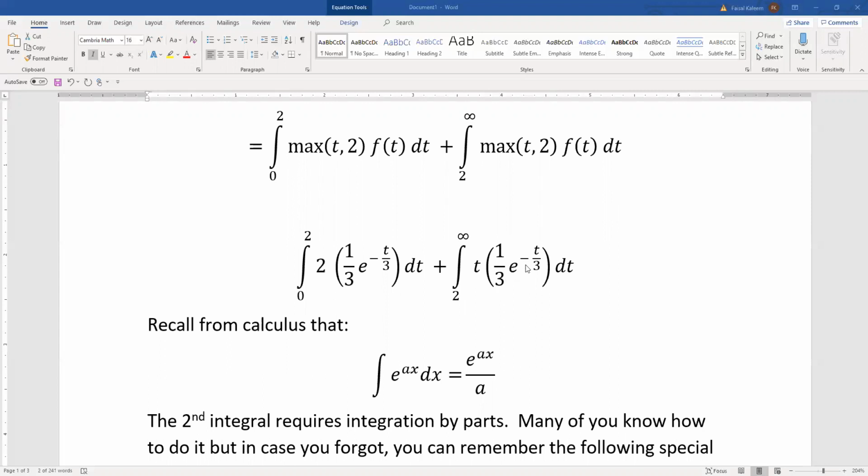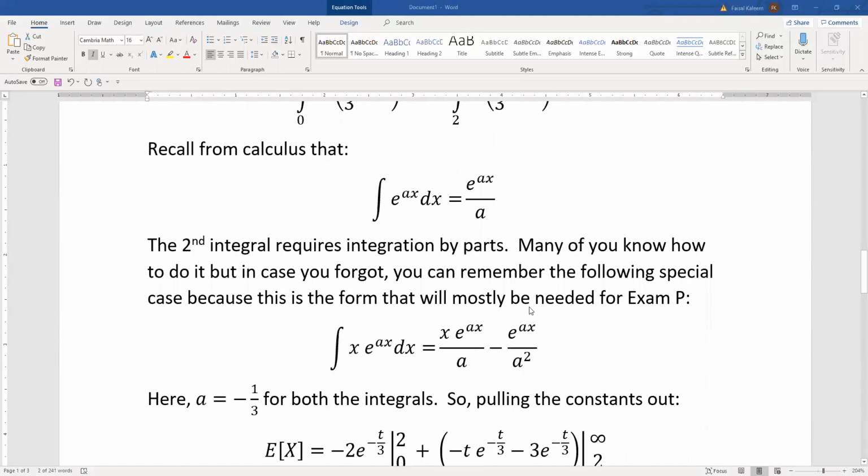That requires integration by parts, which some of you already know, but in case you've forgotten, you can remember that for this particular form, x e to the ax, which is the form you will encounter most in this P course, it's helpful to remember this even for those who know how to do integration by parts.